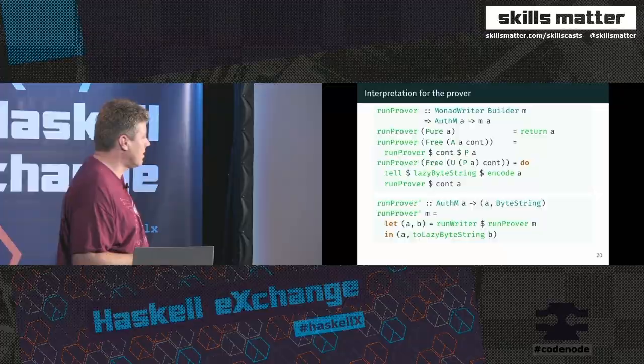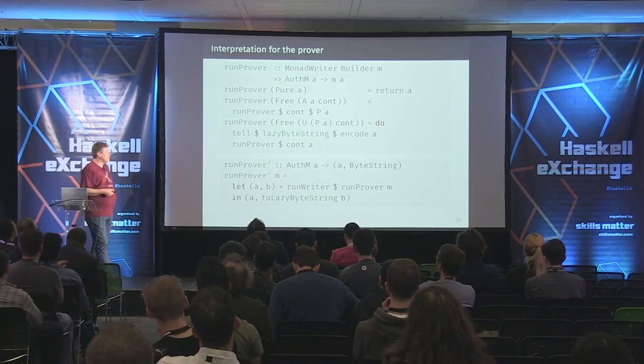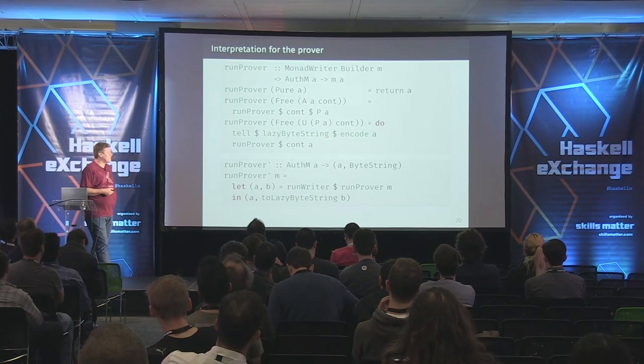Why does run prover not simply run a builder? Probably it wouldn't have to return the A, but maybe you want to use the A later on the prover side as well, if you chain these functions. This could be an insert instead of lookup, one that modifies the data structure, and then you need the result on the prover side as well.